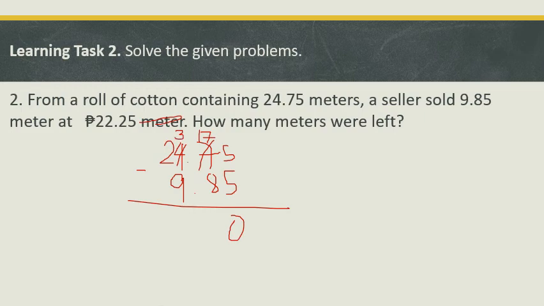So, 17 minus 8 is 9. Then, ito po, yung 3 minus 9 na hindi rin pwede. So, magiging 13 ito. Ito ay magiging 1. So, 13 minus 9 is 4. Then, ito ay bring down 1. So, ang matitira po sa roll of cotton is 14 and 90 hundredths meters.